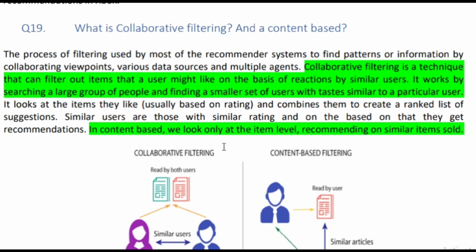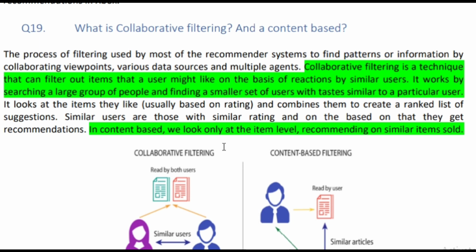In content based, we look only at the item label, recommending similar items. So here on the left side we see collaborative filtering: read by both users, similar users, read by her, recommended to him. On the right side, content based filtering: read by user, similar articles recommended to user.